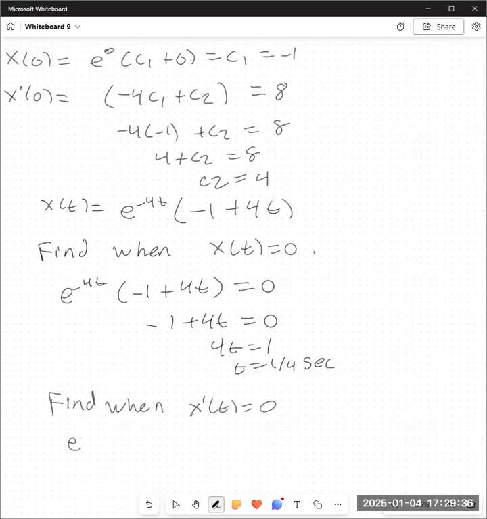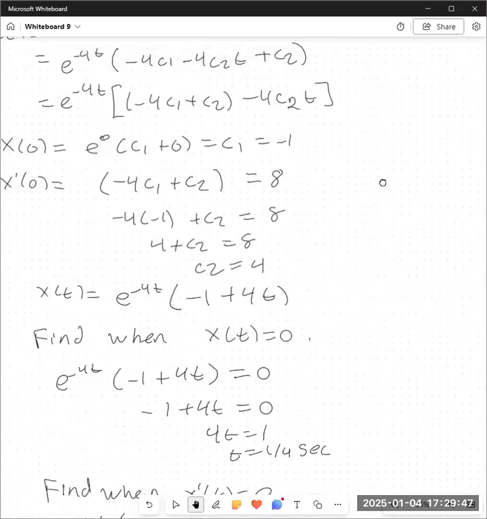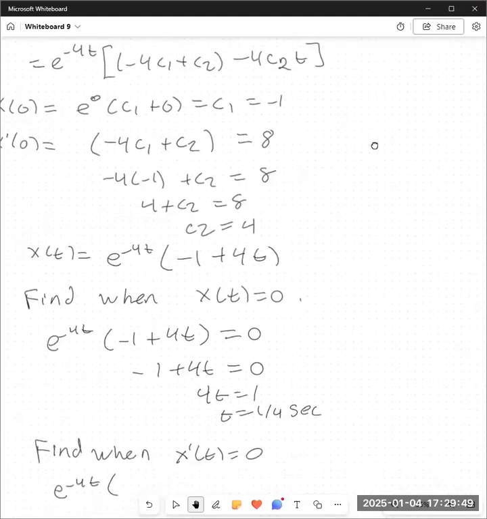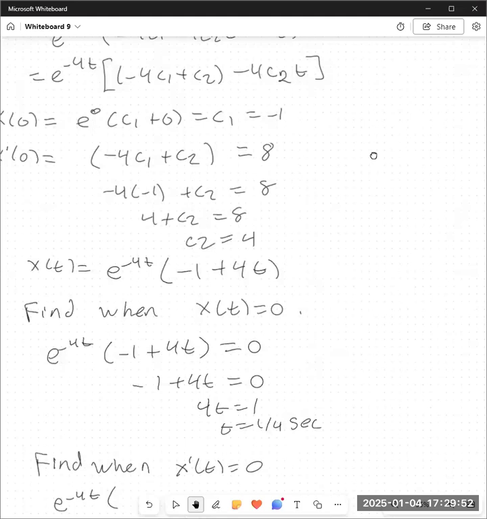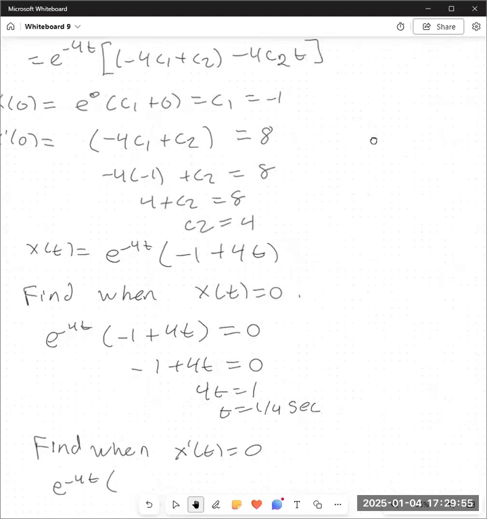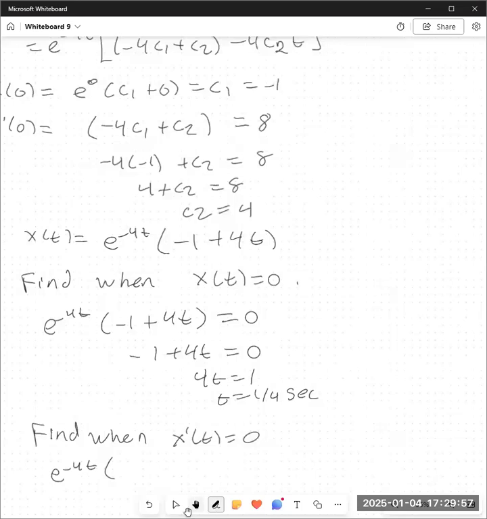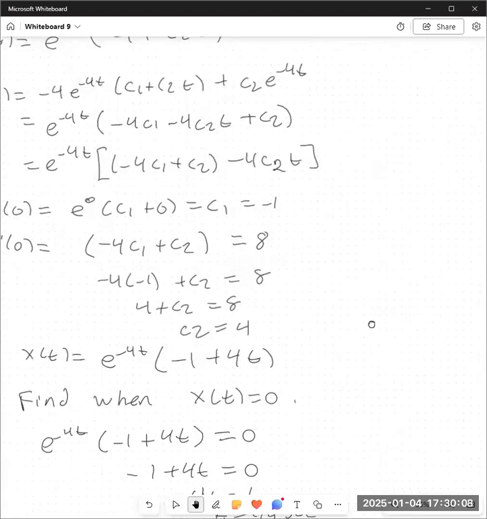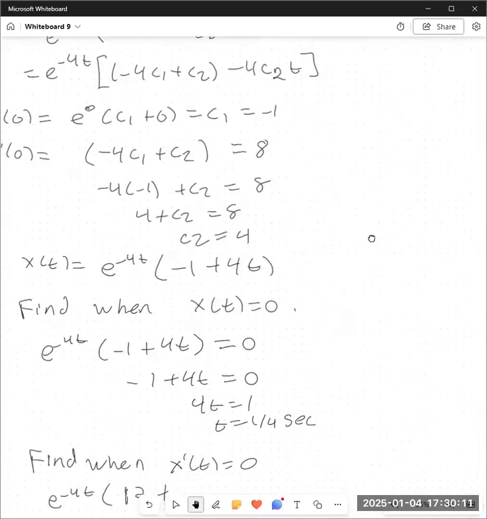So that's going to be e to the negative 4t times -4. So that's 4 plus 8 is going to be 12. Plus -4 times 4 is 16.